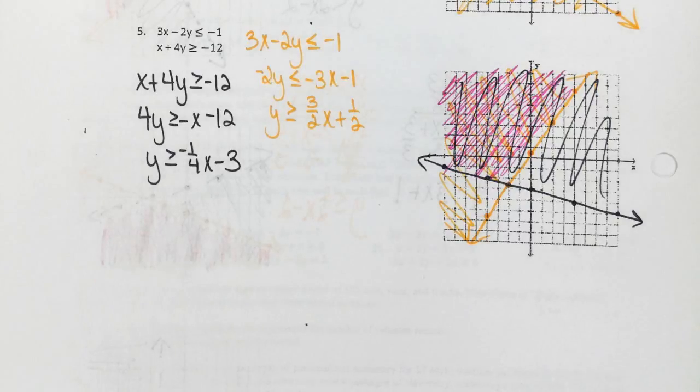Alright, once you're good on 4 and 5, we're going to start on our study guide. Am I expecting you to do every single problem? No. But you need to do enough so that you know how to do each one, okay? Do enough until you're good on each one.